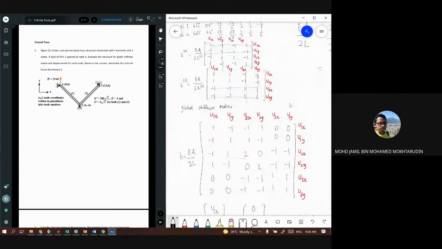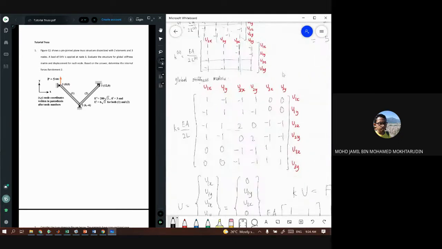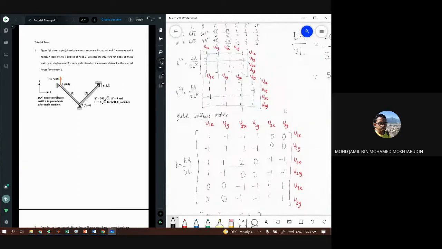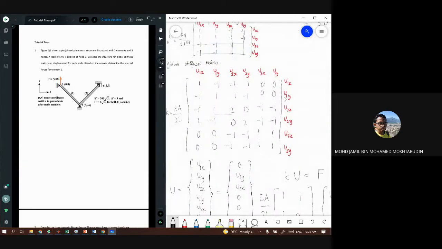Okay, the calculation will get messy when it comes to calculating the displacement.